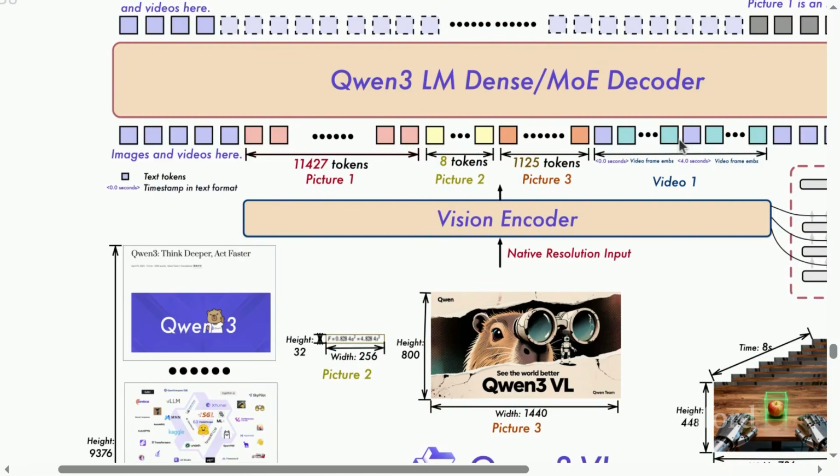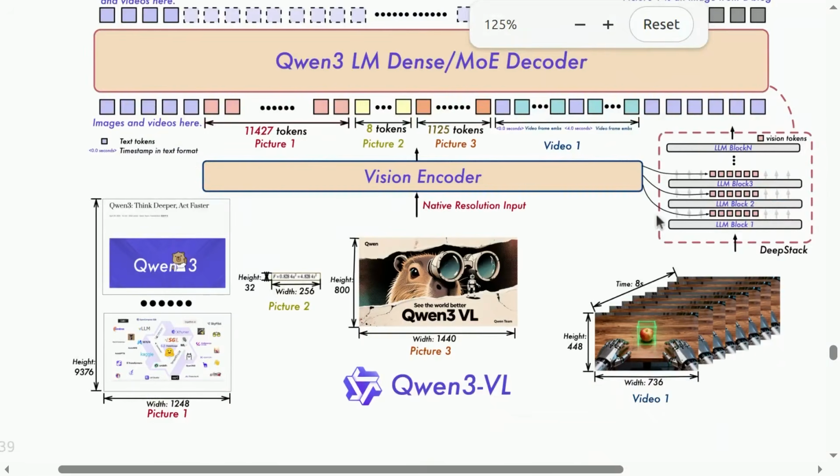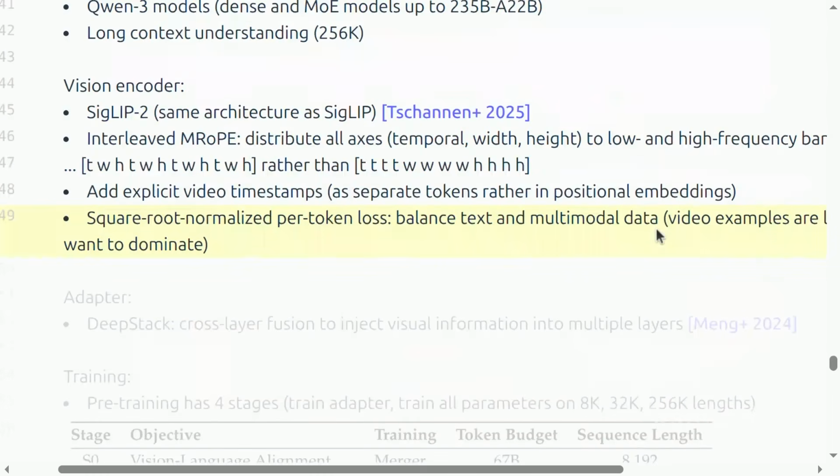Each frame in a video intrinsically gets a notion of time just because it's in a different position. But here they made the time explicit. So these are actually tokens: 0 seconds is a token that represents the time. And they found this to be helpful, presumably because it's something that you can directly refer to, like what happened after 2 seconds. So that is one of the main changes.